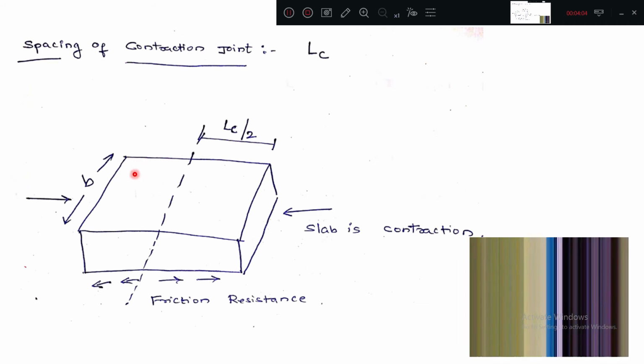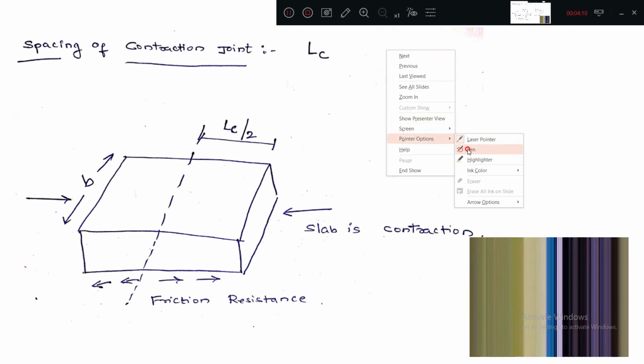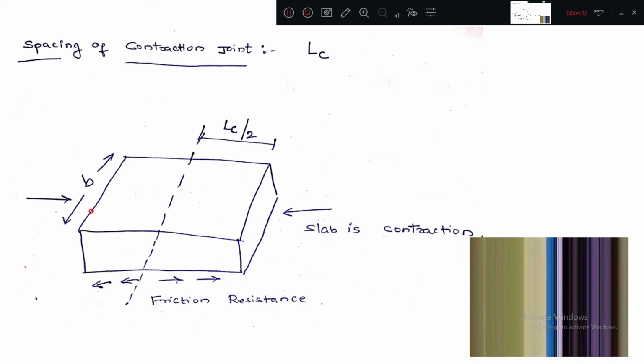So the gap between these bars, called dowel bars, is the spacing you need to calculate. Per meter width, this spacing will be there.